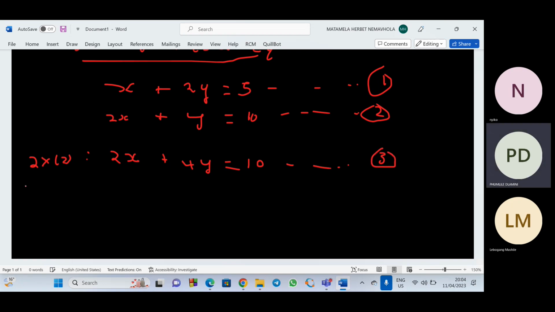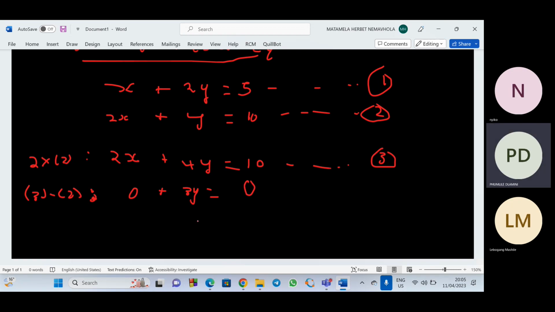Now you take equation 3 and subtract equation 2. Then 2x minus 2x is 0, 4y minus y is 3y, which equals 10 minus 10, which is 0.